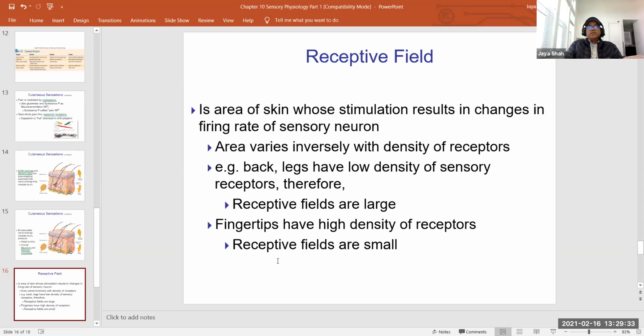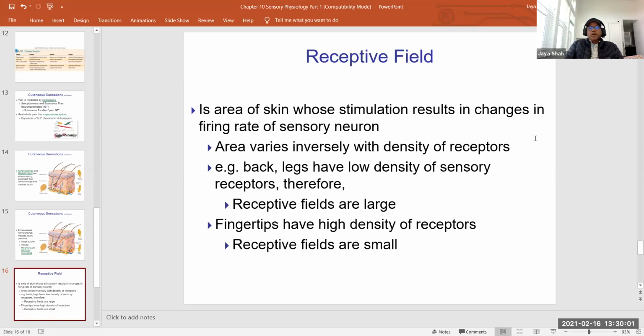And based on the distribution of the receptors, we can determine the receptive field. Okay, so the receptive field in any skin area is the area of skin whose stimulation results in a change in firing rate of a sensory neuron.